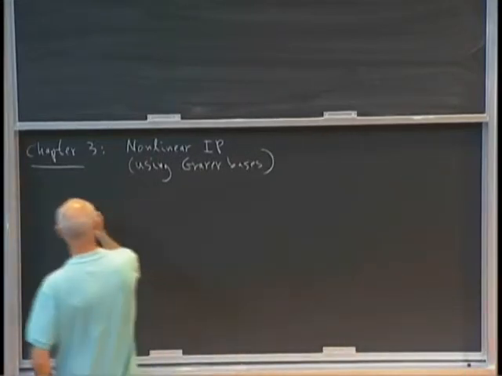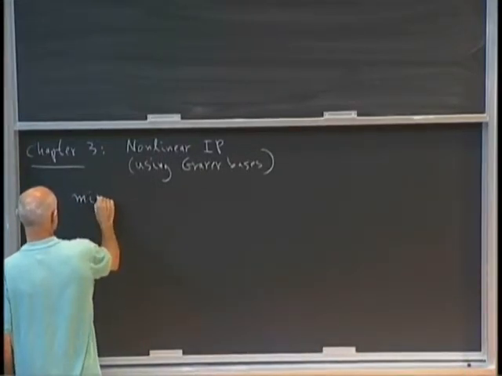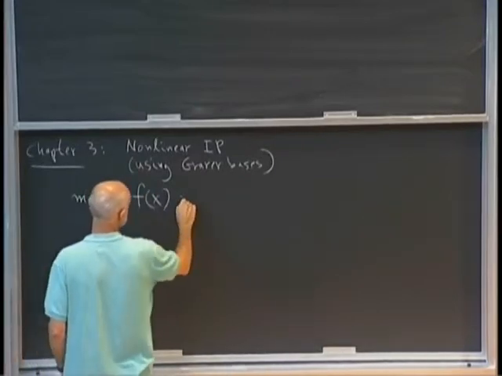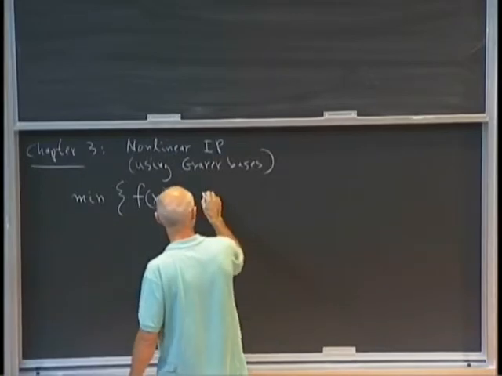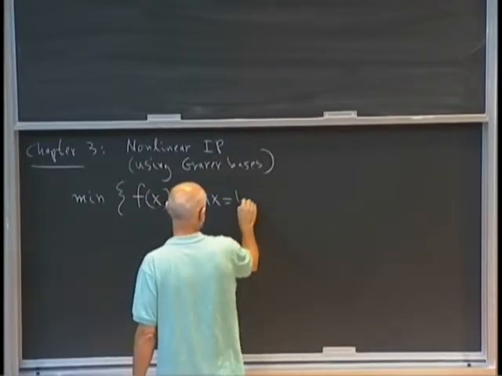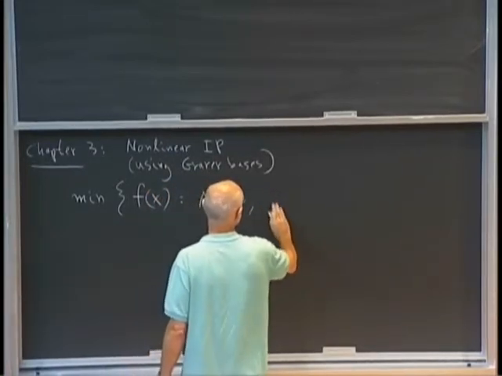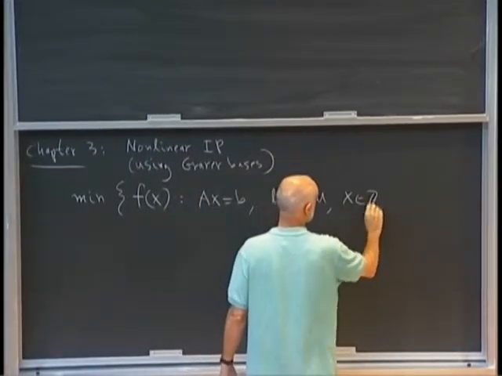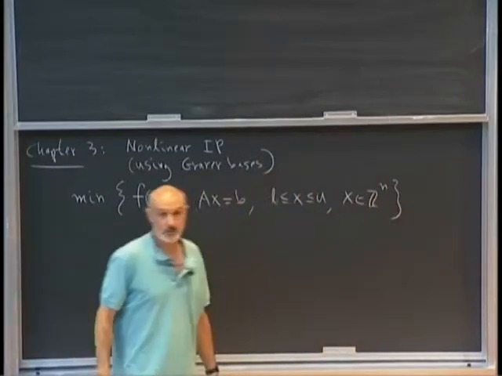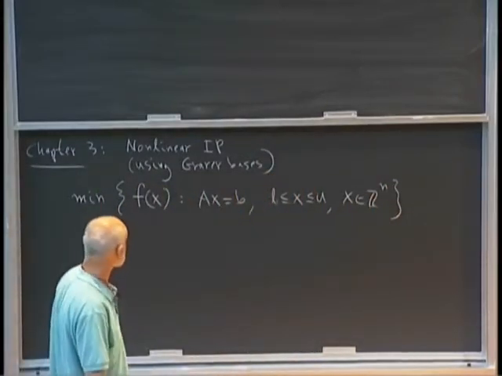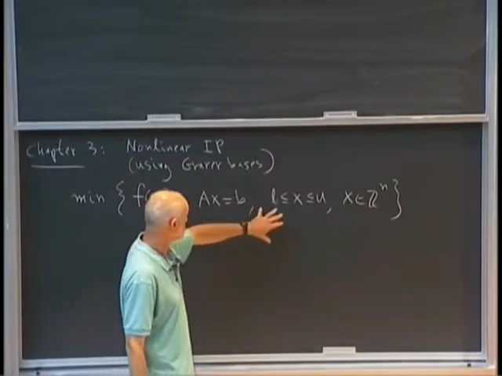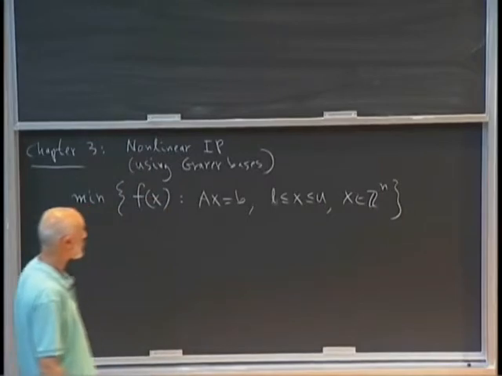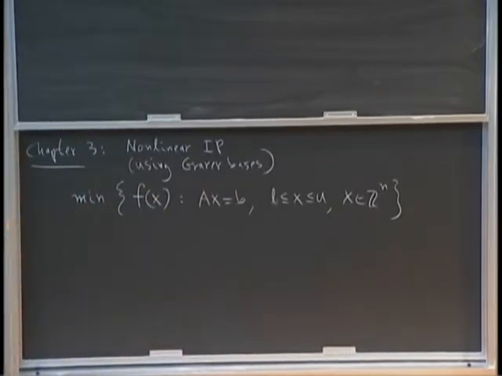We want to solve, let's say, minimize linear or nonlinear functions over a set of integer points satisfying a system of linear inequalities which come in standard form without loss of generality, so equations and lower and upper bounds on the variables.